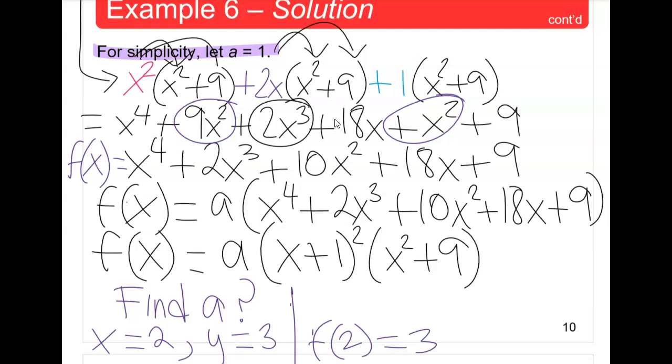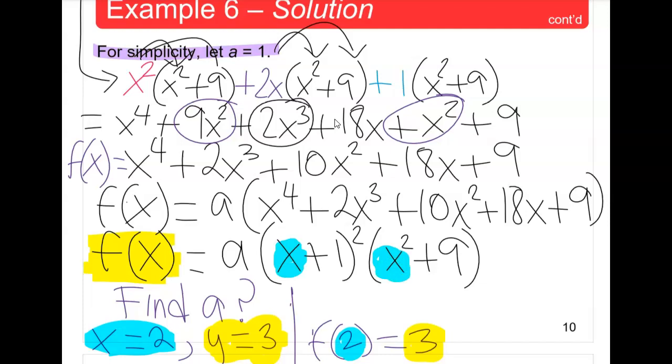So then in that case, and you might have some of this on your homework, you might have to replace the y value, or this whole thing, f of x, with the number 3. And then you will have to replace every x with the number 2. So here and here.